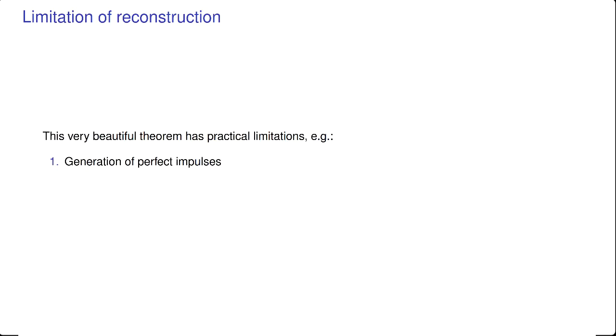For instance, it says that generating perfect impulses is not possible, so you cannot generate perfect impulses in order to reconstruct your signal. So you approximate it. Instead of a delta Kronecker signal, which is like pulses like that, you could generate, like with an RC circuit, an exponential, provided that its time constant is small enough compared with your bandwidth.